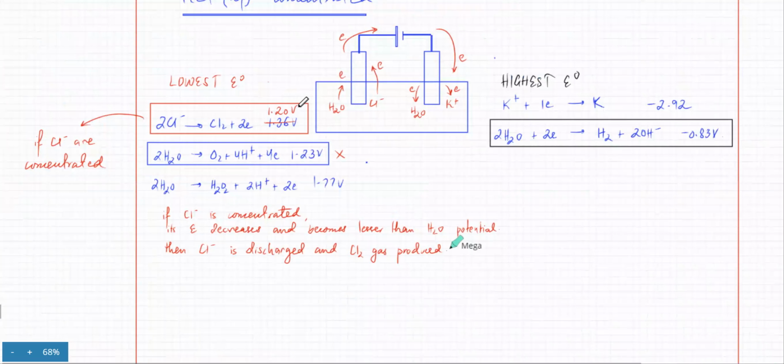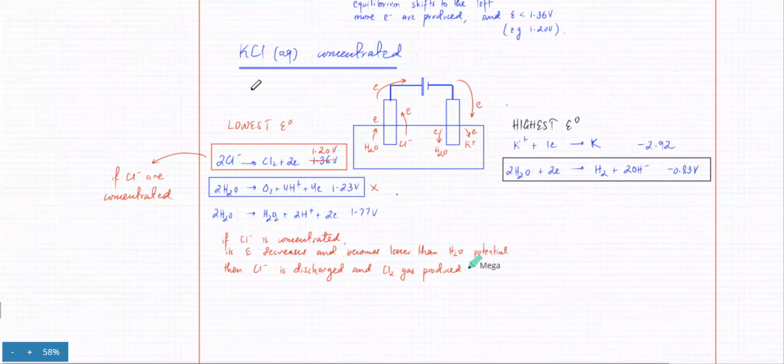So this is what happens. Otherwise, you were getting oxygen gas in normal conditions. If KCl wasn't concentrated, if it was just normal KCl, then you would be getting oxygen gas. But now, if Cl is concentrated, then it becomes the lower potential equation, and it instead gets discharged.